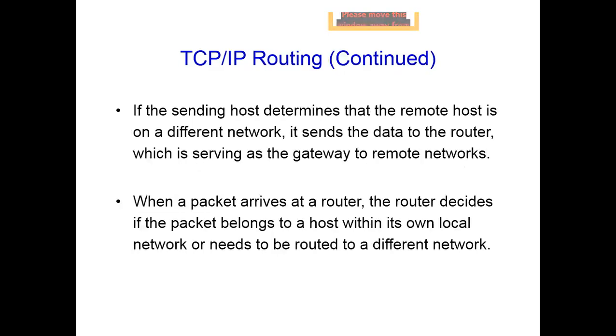If the sending host determines that the remote host is on a different network, it sends the data to the router, which is serving as a gateway to the remote network. When the packet arrives, the router decides if the packet belongs to a host within its own local network or needs to be routed to a different network.